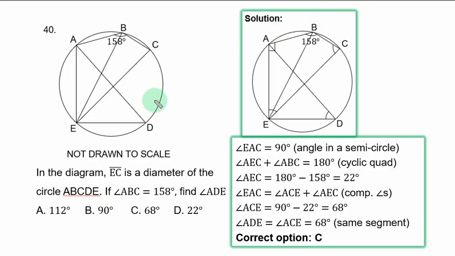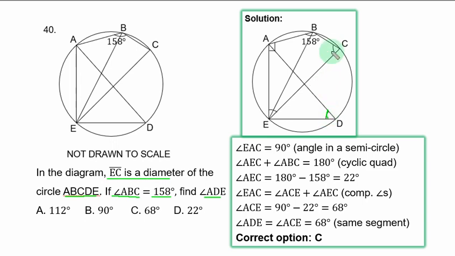Question 40. In the diagram, EC is a diameter of the circle ABCDE. If angle ABC is 158 degrees, find angle ADE. So you have to find this angle ADE.